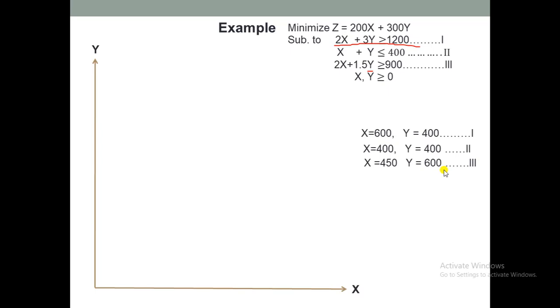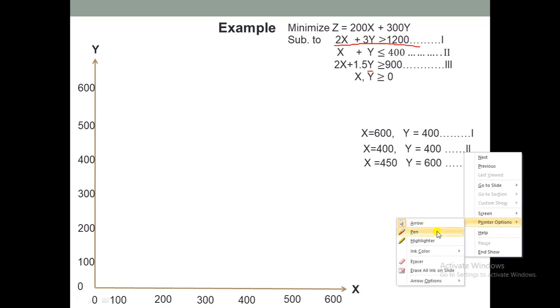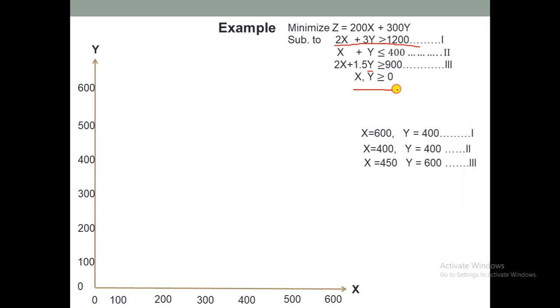We'll plot 0, 100, 200, 300, 400, 500 and 600. Similarly along the y-axis, 0, 100, 200, 300, 400, 500 and 600. Now we have the non-negativity constraint, x, y greater than or equal to 0, so all the values are going to be in the first quadrant.